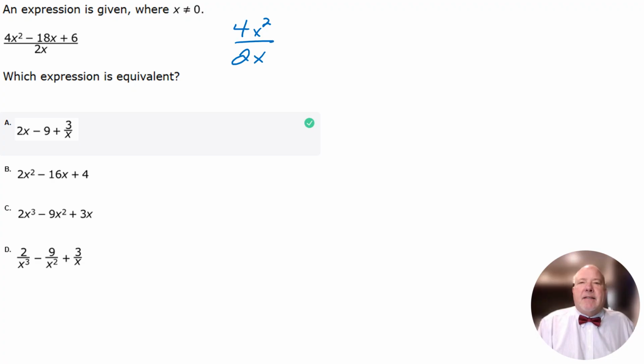And then I have minus 18x, and I'm going to put that over 2x. And then I have plus 6, and I'm going to put that over 2x. So I just kind of broke this apart, and this is mathematically equivalent to what we started with, but I think it makes it a little easier to see what we're going to do.